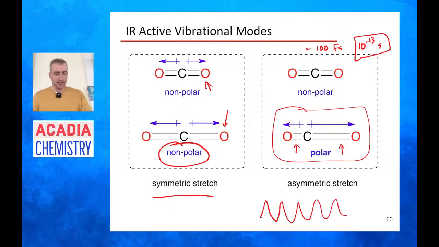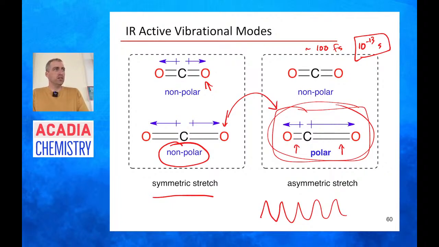So if you have a molecule that has a vibration where the polarity is changing, that can absorb infrared light because it can go from nonpolar to polar and back again. Molecules that have bonds that change polarity as they vibrate can interact with infrared light, and molecules that have this feature can absorb infrared light.